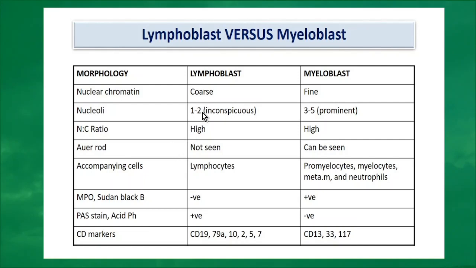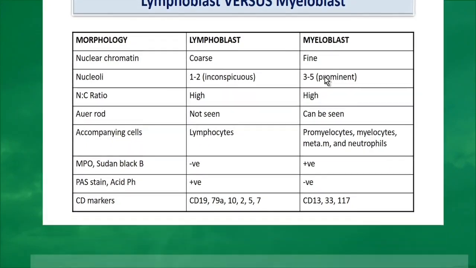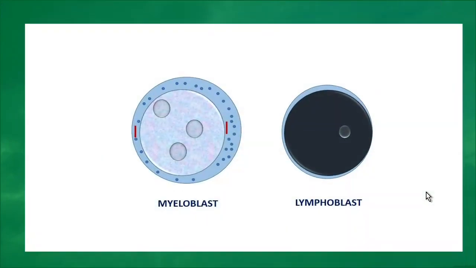Then nucleoli are less in number and inconspicuous, less prominent. Nuclear chromatin is coarse. Here it is fine. And MPO is negative in lymphoblasts, positive in myeloblasts. PAS is positive in lymphoblasts. It's a good representation of myeloblast versus a lymphoblast.